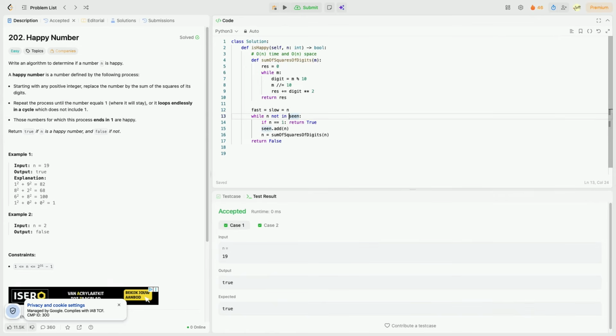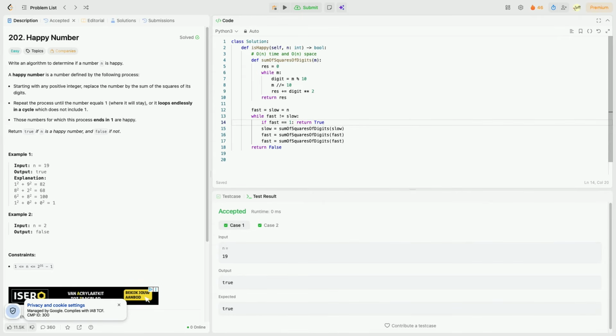we're going to use the values themselves, right? Well, while fast is unequal to slow, we're going to iterate, and we're just going to compute the fast value and the slow value. And the slow value gets only updated once, and the fast value will update twice, which is pretty much the same.